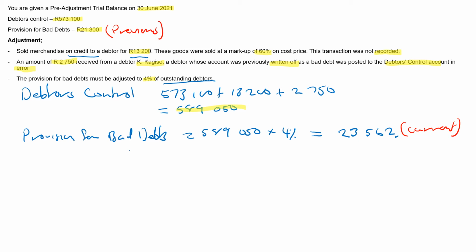Now if you compare the current provision for bad debts and the previous, you see that there's an increase. This year the provision for bad debts has increased. The increase is recorded as an expense, so we go to the income statement. When you're doing an income statement, it will look like this. There's an adjustment as well for bad debts recovered.